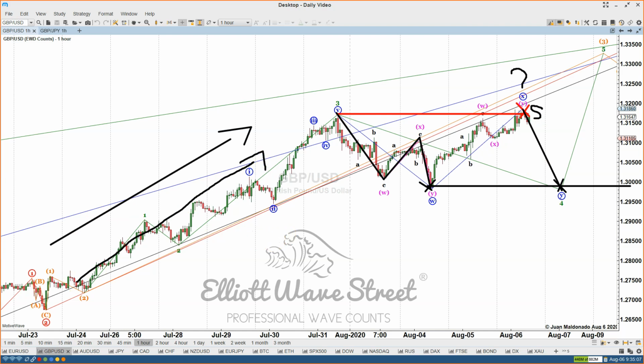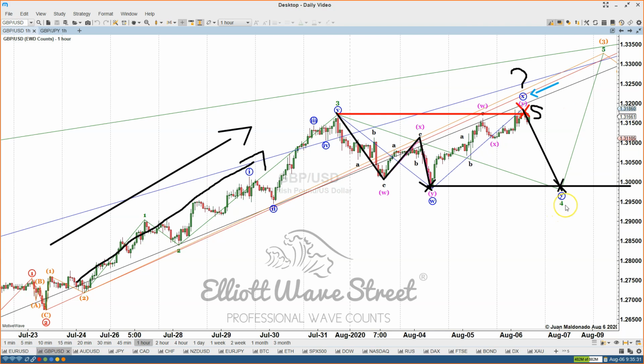Now, let's say that I give you this wave count and you start doing crazy things. Oh, I want to sell because Juan is saying there is a wave X and that the price can go down or is likely to go lower, right? That's the first interpretation. So let's sell. No, it's a mistake. Don't do it.